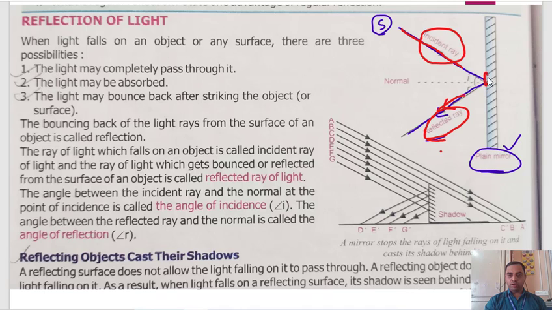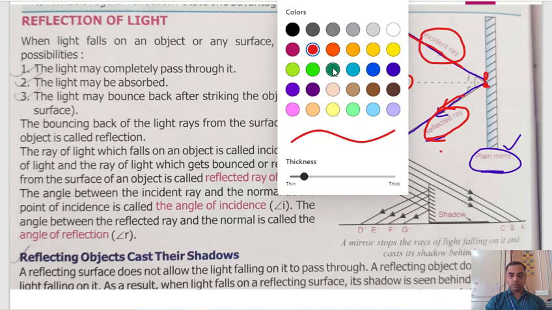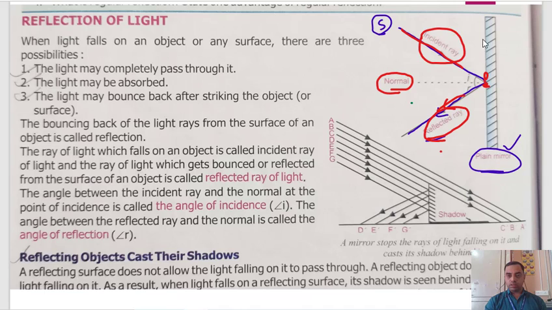This is the point at which the incident ray will fall. Remember, here we are taking just one ray, but light never comes in one ray. It comes as a beam. So suppose this one ray is coming and strikes at this point. This is the surface of the mirror.